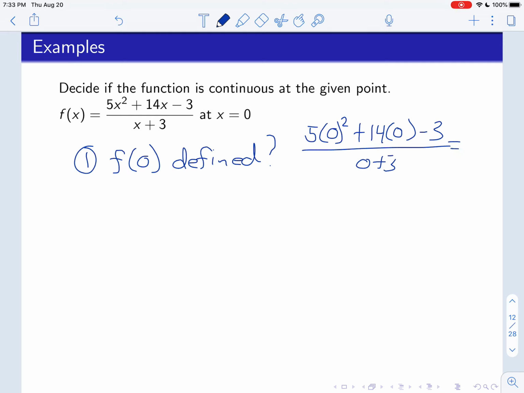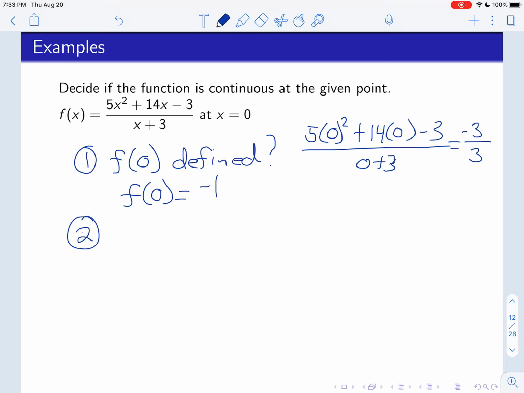Oh, sorry, y'all, that's a 3. -3 over 3. Well, that's just f of 0 is going to give me a -1. So that's defined. All right, so far so good.